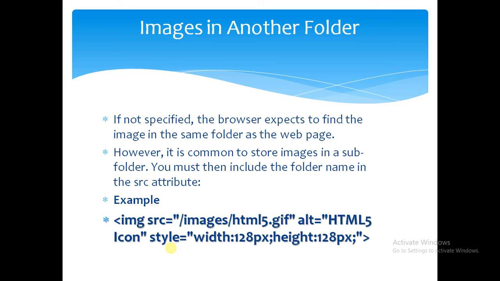So first we write img src equals images, which is the name of the folder, and after this folder, here is the html5.gif image stored. It means the HTML5 GIF image is stored in another folder known as images. The alternative text is HTML5 icons, with style equal to width 128 pixels and height 128 pixels.